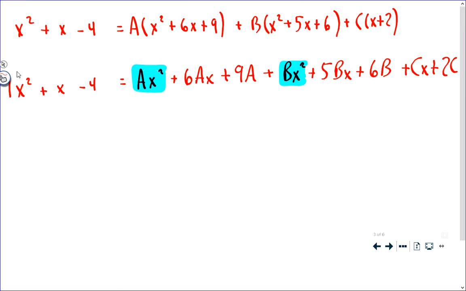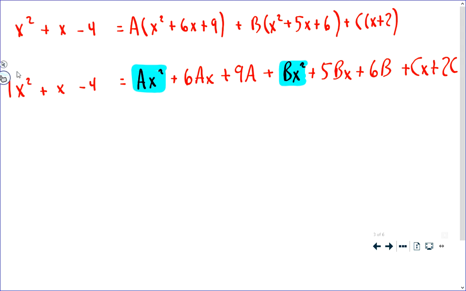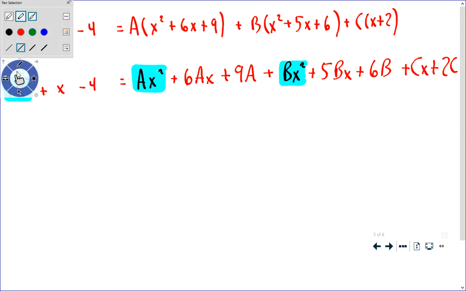It's 1x squared. And what that means is that 1x squared has to be equal to ax squared plus bx squared. I'm going to come back to that in a second. We also have, if I look at the left-hand side, 1x.